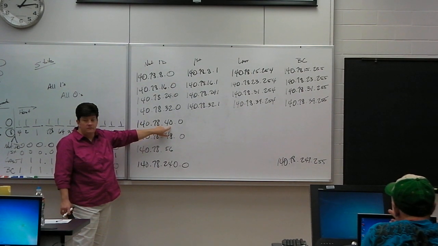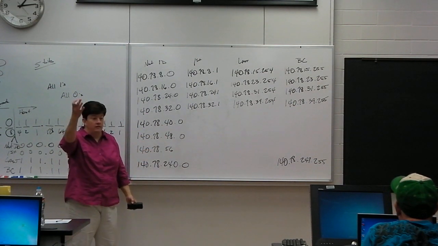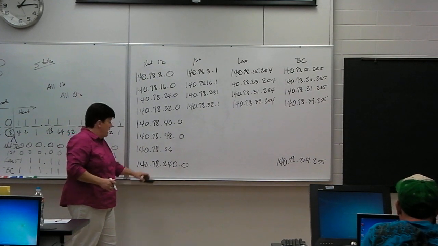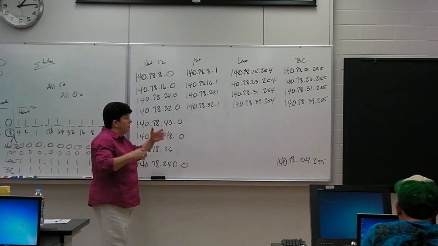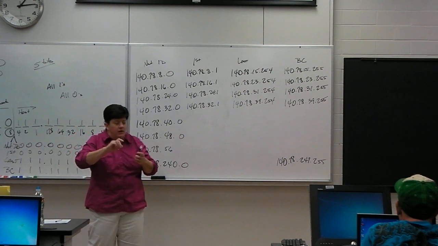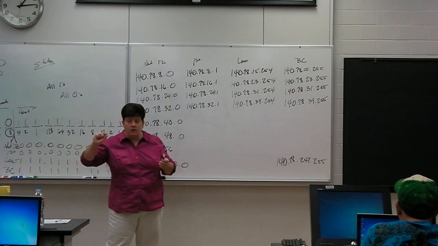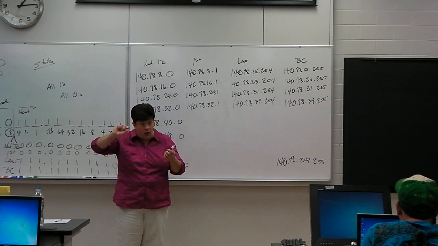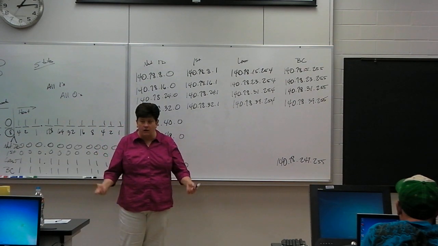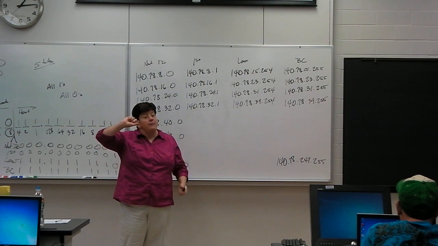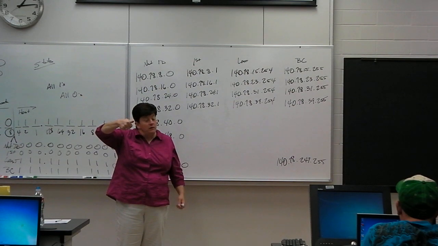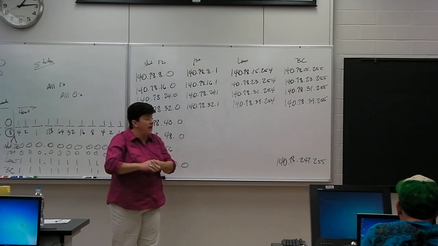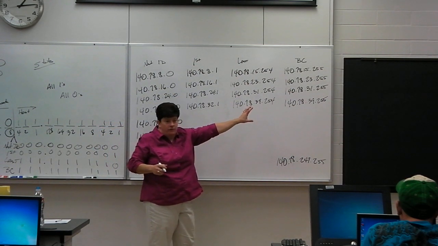Y'all are making this way too hard. By one. If you see these, instead of, y'all are so used to digital numbers, we gotta go back a ways, and y'all may be too young for this, but old-fashioned clocks, speedometers, well, most of those are digital these days. When I roll this over, the next number, I only have 255 numbers on here.